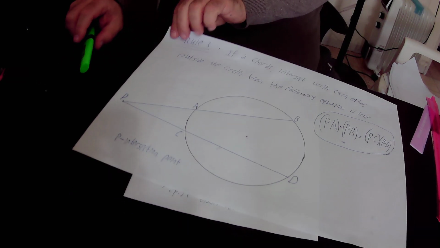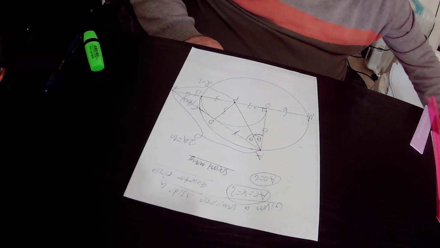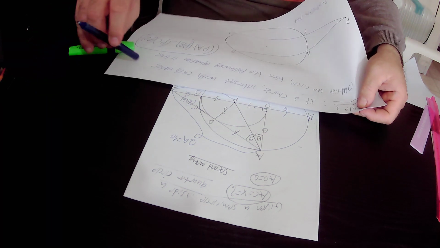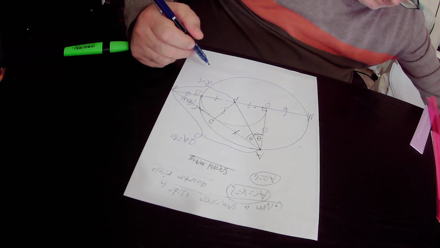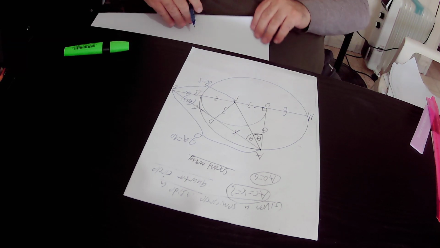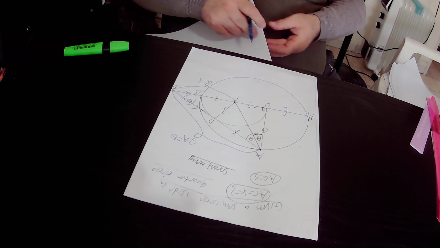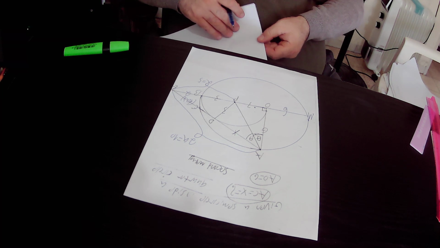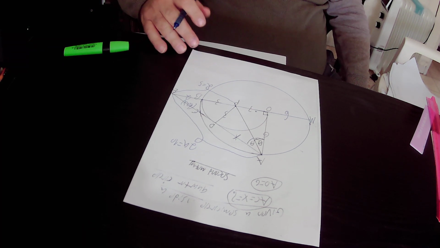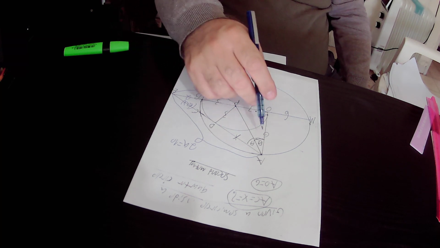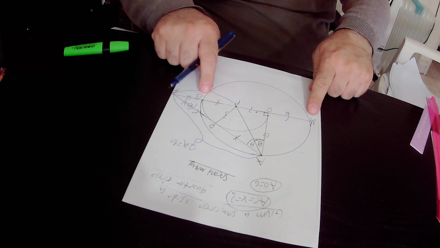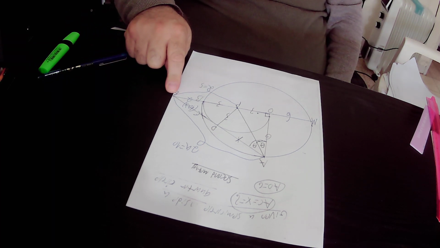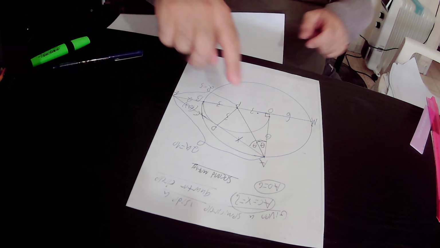We can implement rule number 3 in our drawing, because in our drawing we have chord AC intersecting with chord MB at point E. Point E is the intersection point.